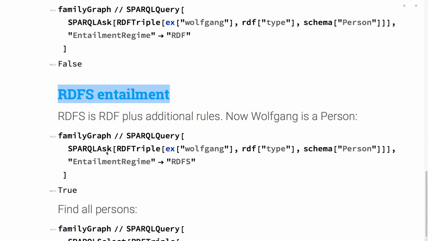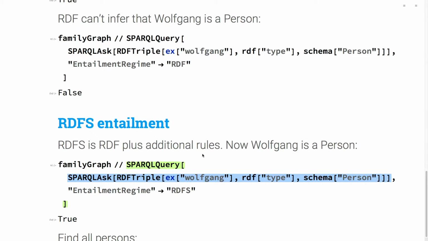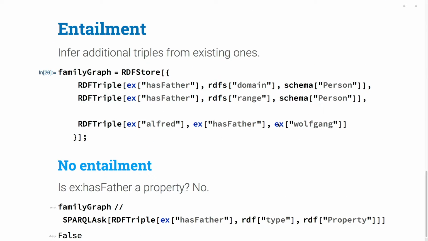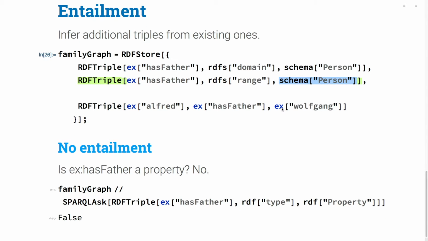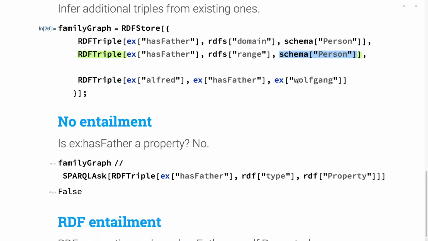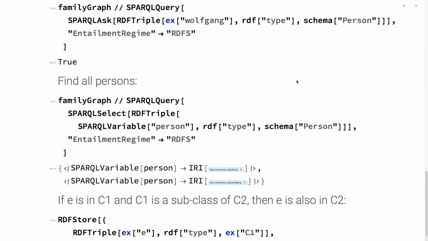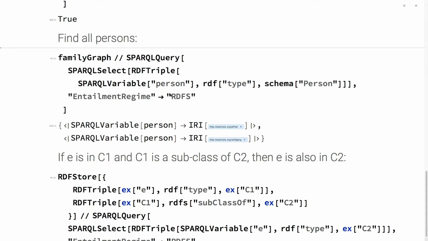That means under this one, we can say that Wolfgang is a person because Wolfgang appeared in the object position, and we say that has father has a range of person. So that's why we know that Wolfgang is also a person. That's what we can do under RDF schema entailment.